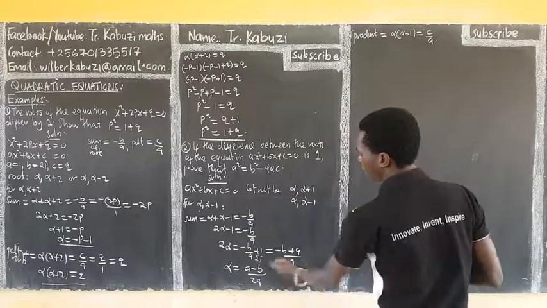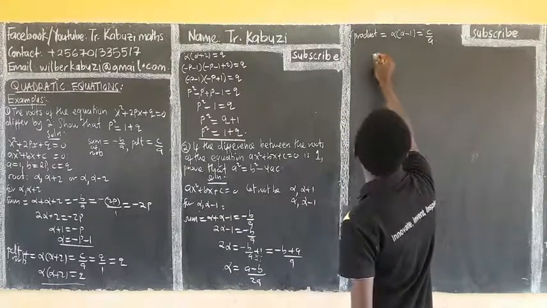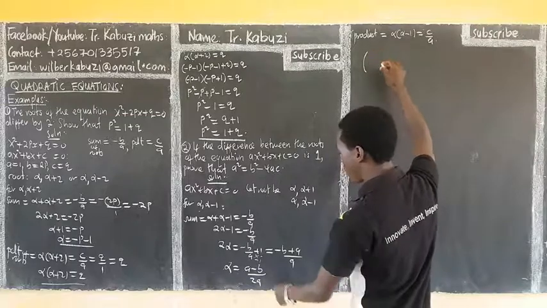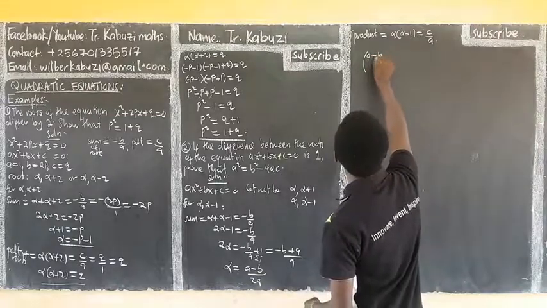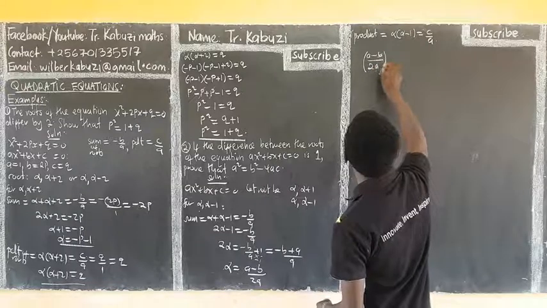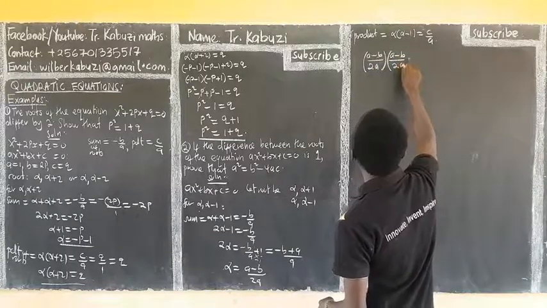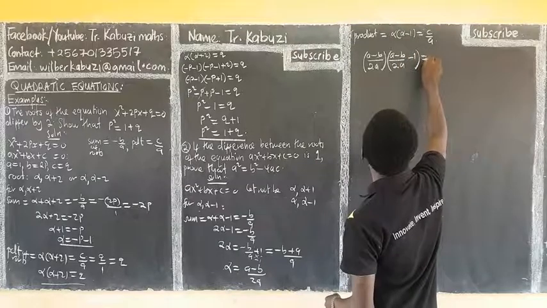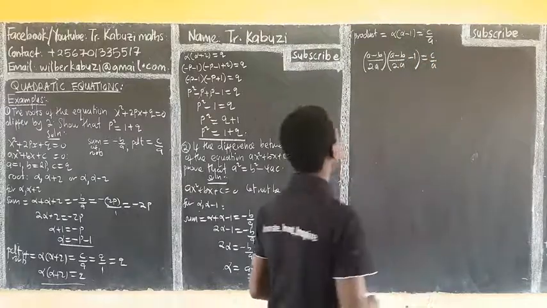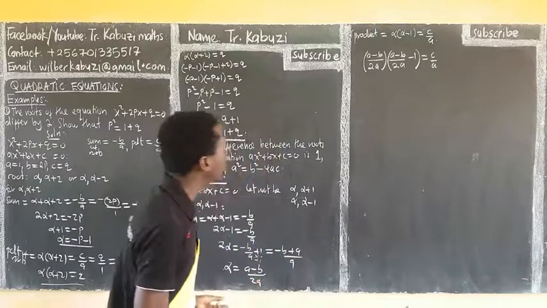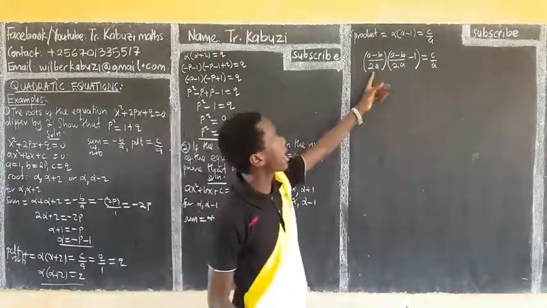So I'm just going to substitute. So I have now a minus b over 2a into a minus b over 2a minus 1 equaling c over a. So where there is alpha, I'm putting it in here.